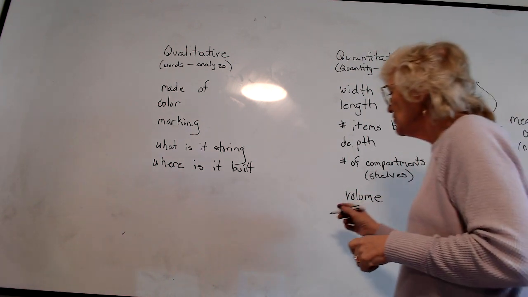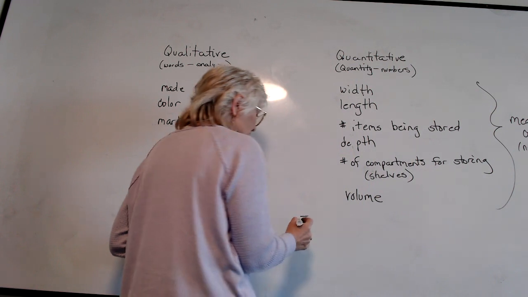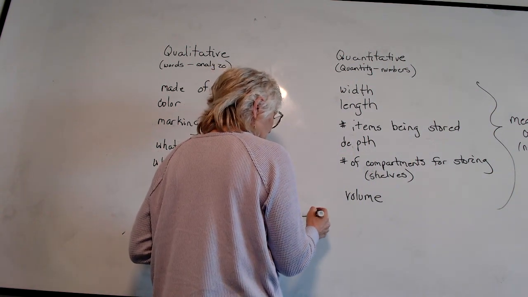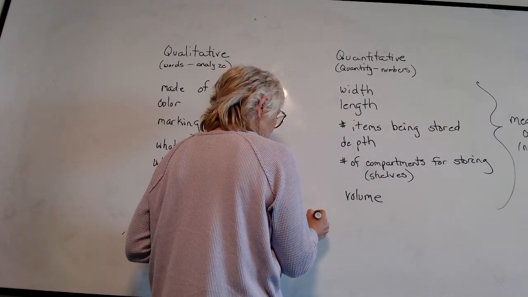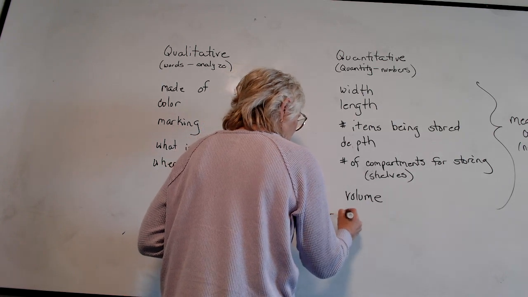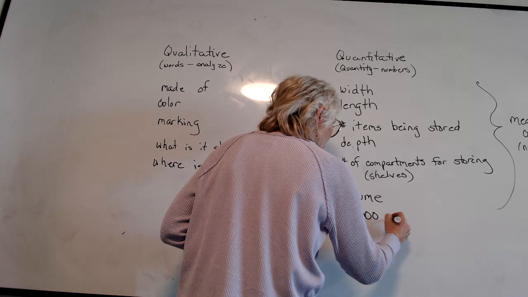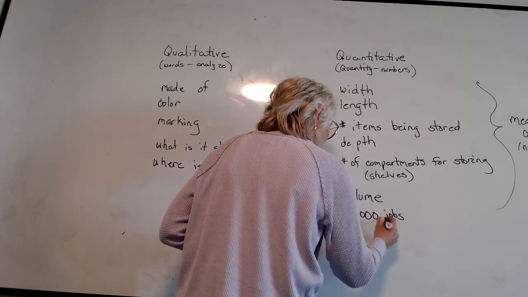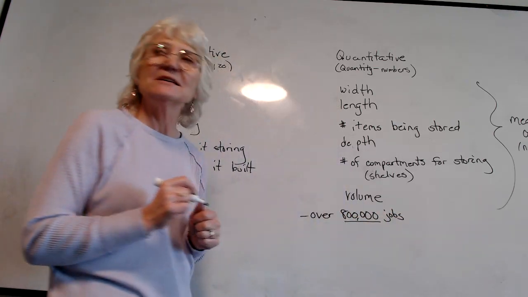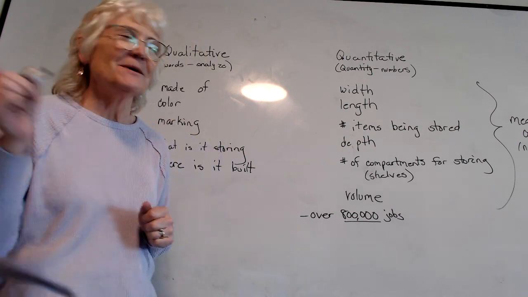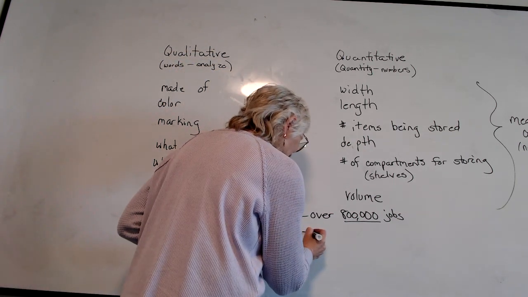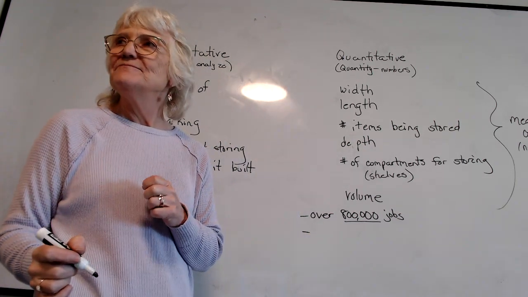Can you tell me what yours were? We have created over 800,000 new manufacturing jobs while I've been vice president. And that's a number, and it's closed. Okay, yes, it is. We'll come back to the close ended. Thank you. Okay, what was your other one?